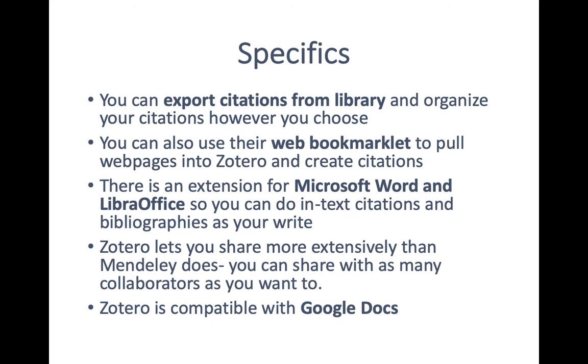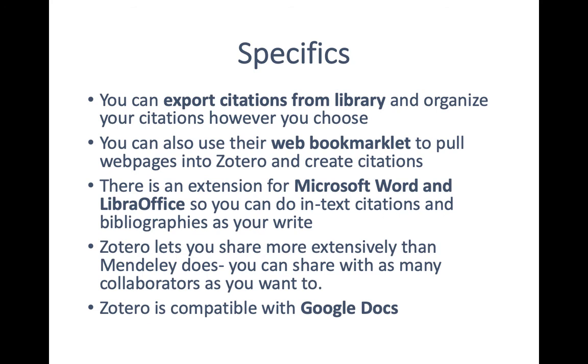So, a couple of specifics. You can export citations from the library, like I mentioned. Organize your citations however you would like. When you download Zotero from the internet, you also get their web bookmarklet, which essentially means that it's a little icon that gets put into your web browser of your choice. So this will pull web pages from the internet and put them into Zotero for you.